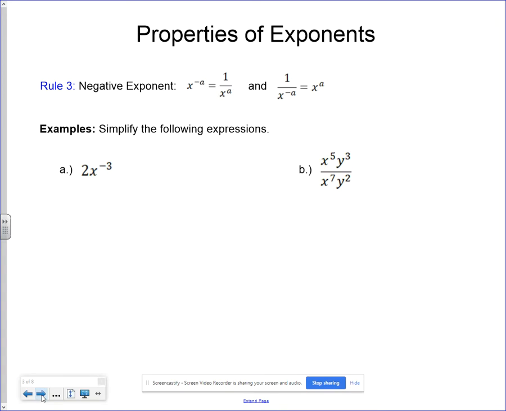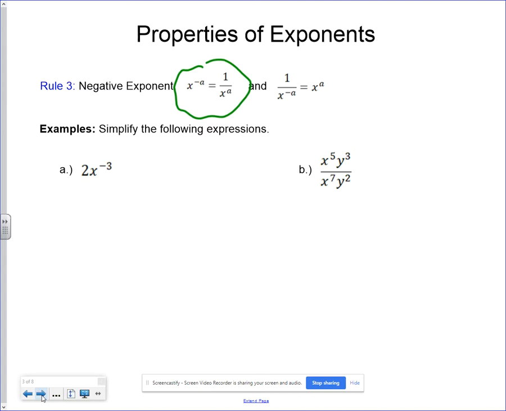Okay, rule 3. This is called the negative exponent rule. Basically, when you are simplifying expressions that involve exponents, your final answer cannot have any negative exponents. If it has a negative exponent, it's not simplified. So, if you have a negative exponent, x to the negative a is equal to 1 over x to the a.